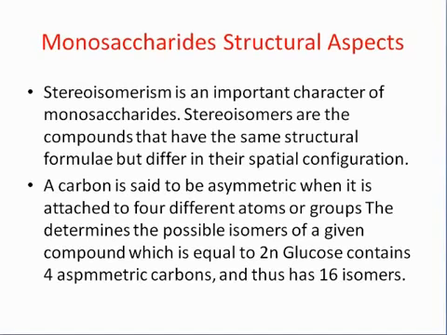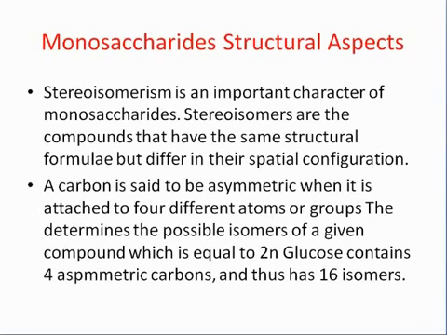If we take an example of a monosaccharide, glucose has the formula C6H12O6. The formula is the same in glucose and even in fructose. But glucose is known as a hexose with aldehyde as the functional group, that's why it is known as aldohexose.